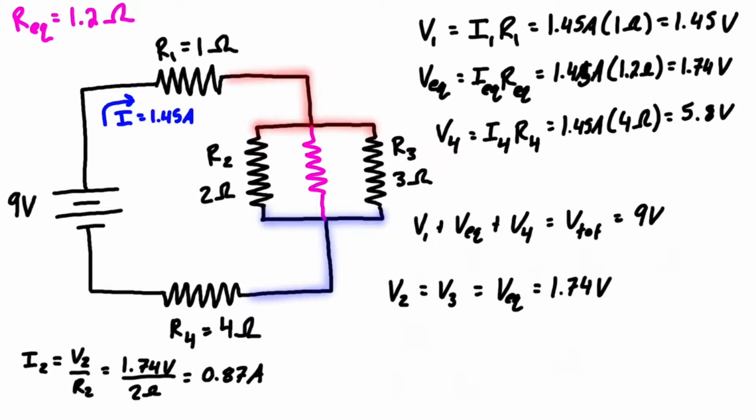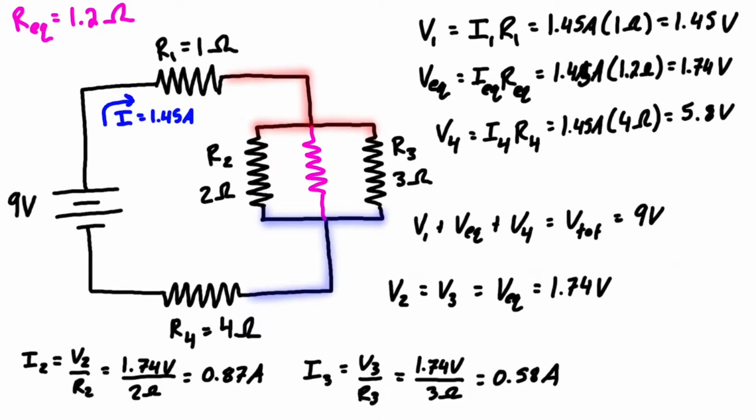We can also do the current for resistor 3, so I3 is going to be equal to V3 over R3, and again the voltage drop is 1.74 volts, and we divide it by the resistance, which is 3 ohms, and that's a value of 0.58 amps.